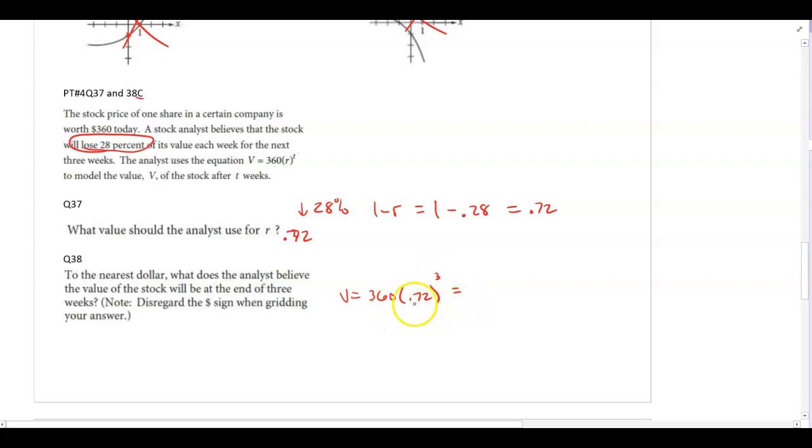And when I do 360 times 0.72 to the third power, you get 134 point, it's going to be a decimal, 0.37, but they want it to the nearest dollar, so you're going to round this. That 3 tells me to keep it the same, so it would round to $134.